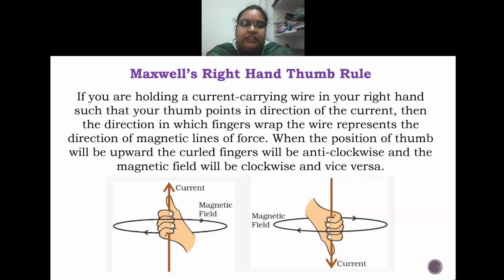When the position of the thumb is upward, the curled fingers will be anti-clockwise, and the magnetic field will be in this direction only.